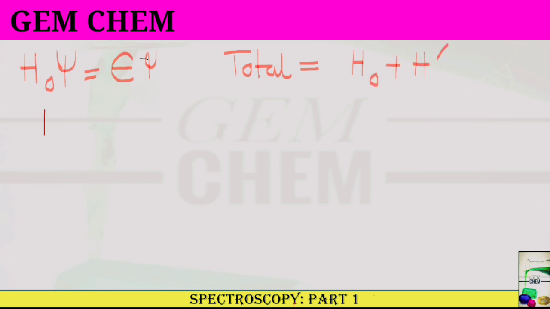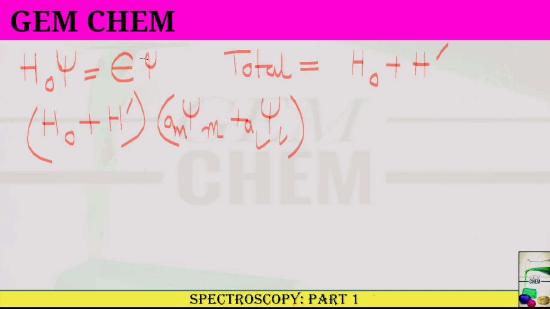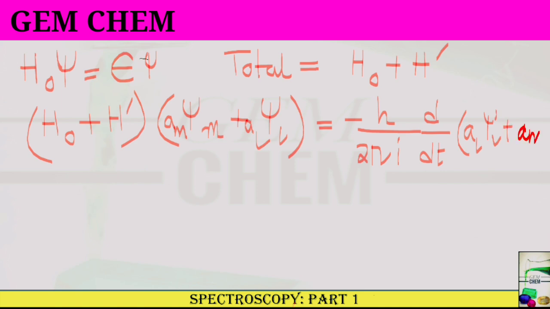So for this case you can write H naught plus H dash in brackets, acting on xi m with Am plus xi L with Al. This comes to be equal to minus h by 2 pi i d by dt of the same function, Al xi l plus Am xi m.